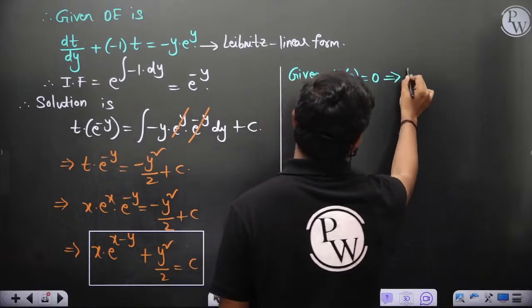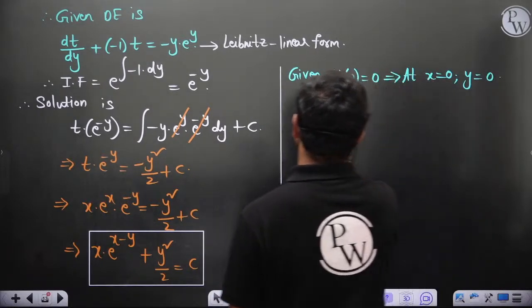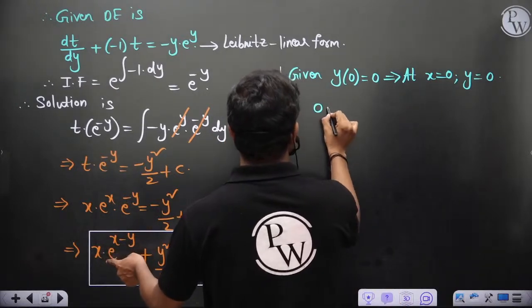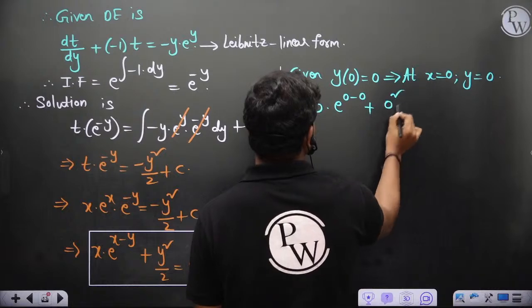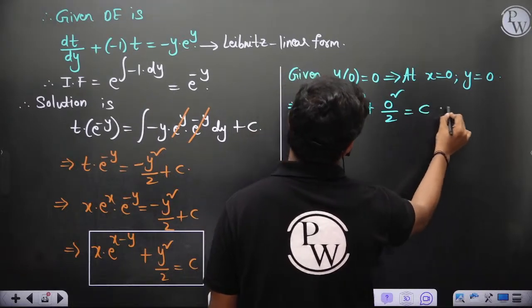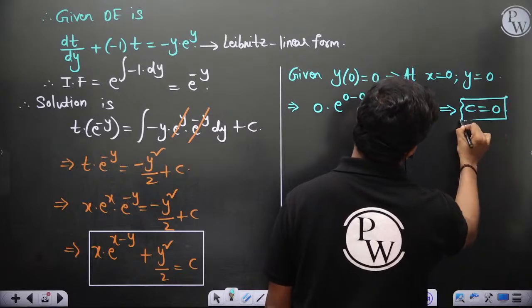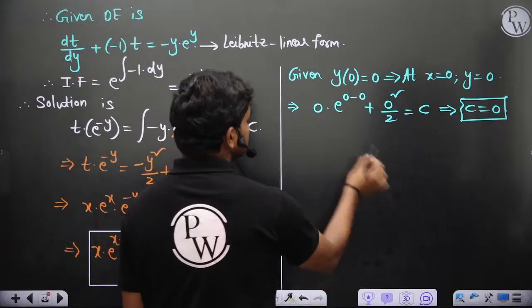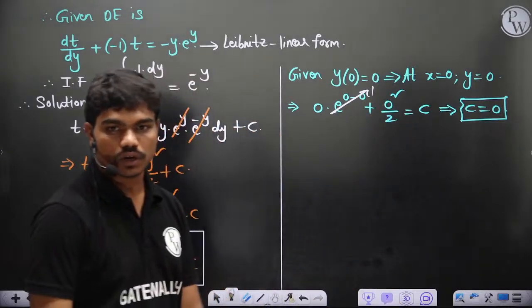This tells you at x is equal to 0, y is also going to be 0. If you substitute, 0 into e power 0 minus 0 plus 0 square by 2 is equal to c. So ultimately the constant value is 0, because clearly 0 into 1, e power 0 is 1, so 0 plus 0, so the constant is 0.